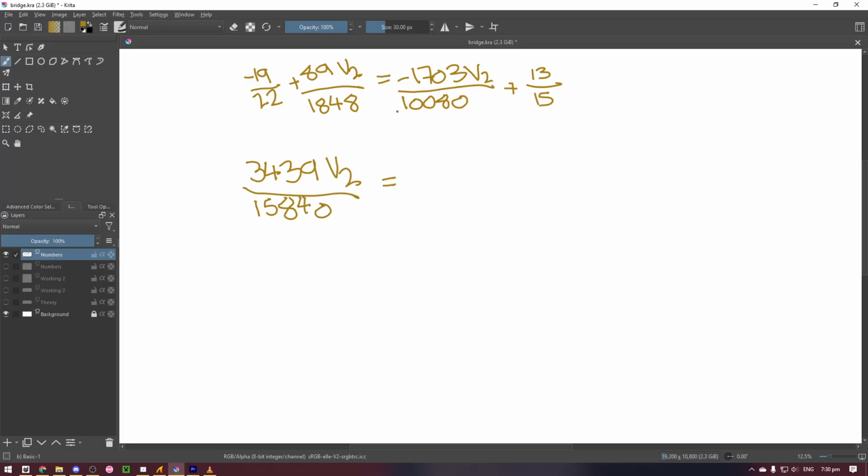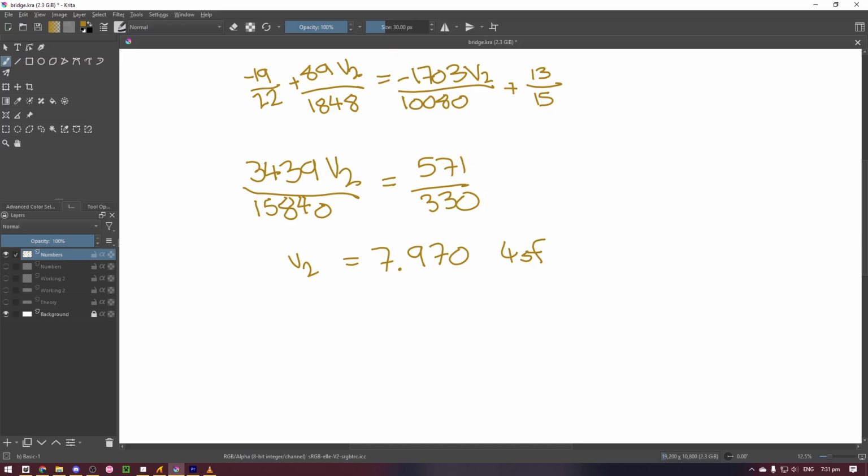And on the other side, 13 over 15 plus 19 over 22 is 571 over 330. Now, in order to get V2, we just have to divide both sides by this fraction. So V2 divided by it is V2, and 571 over 330 divided by 3439 over 15840 is 7.970 to 4 significant figures.